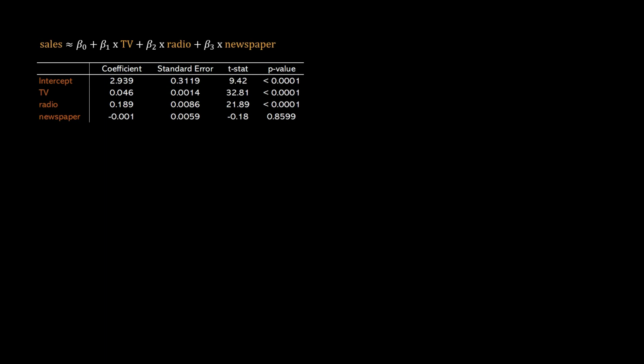Now let's talk about performing hypothesis testing in multiple regression setup. One thing we have been doing is looking at individual t-statistic or p-value and deciding whether a particular predictor is significant or not. For example, in this table, the beta coefficient for newspaper is not significant, and so we do not reject the hypothesis that beta 3 is equal to 0.